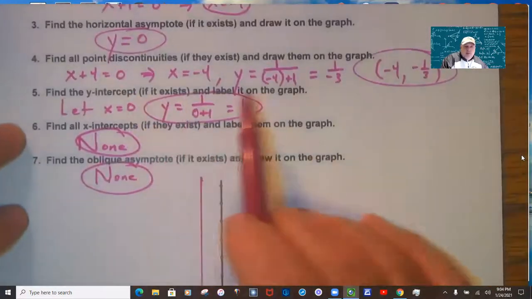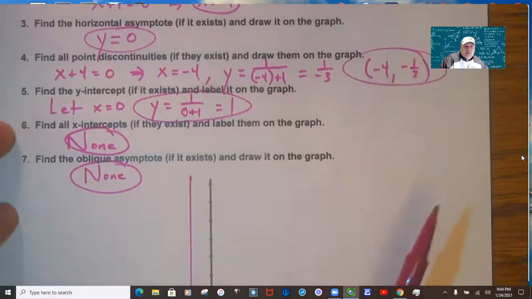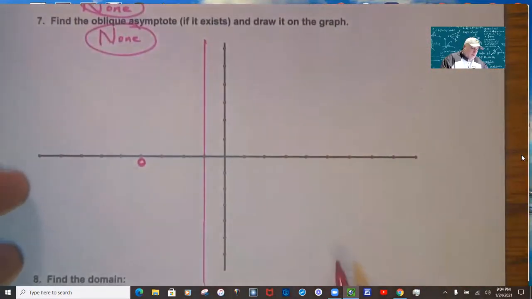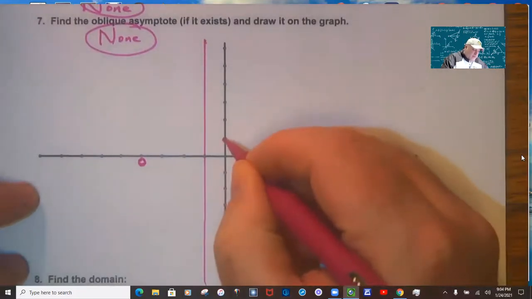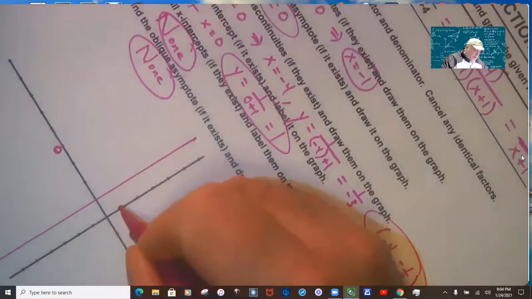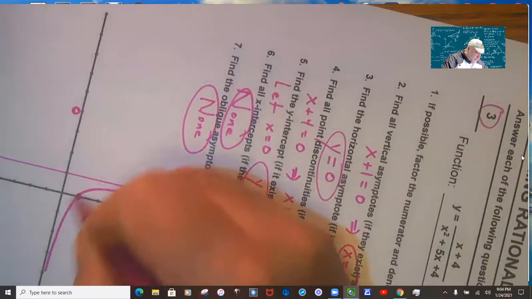Okay, so read that through again. How did I get that? That's important that you know when they exist and how that comes about. And then the y-intercept is 1. Get all of that stuff labeled on there, and then you're ready to sketch. And it's these 2 branches most of the time.